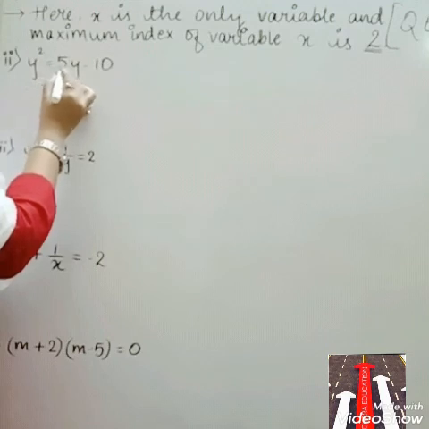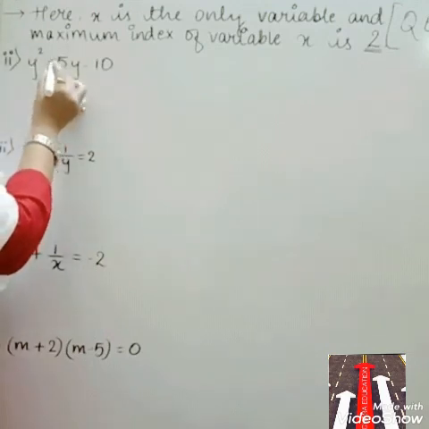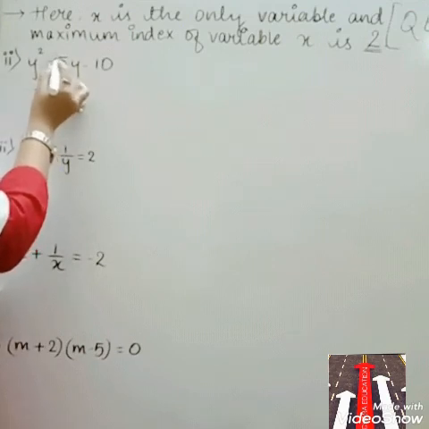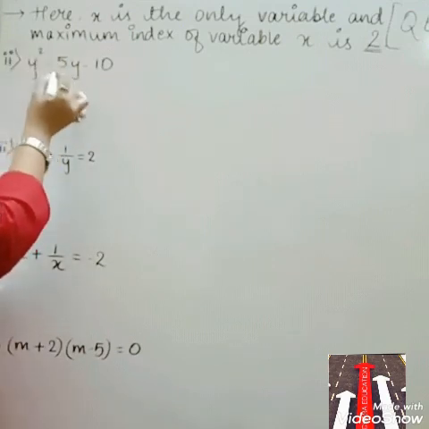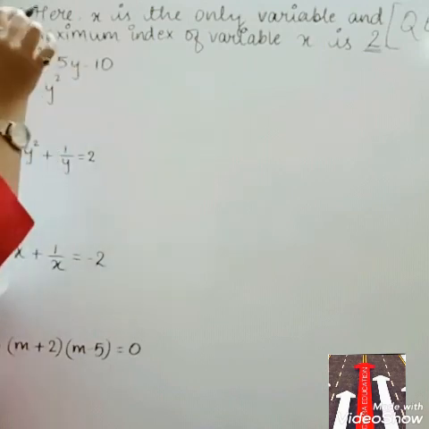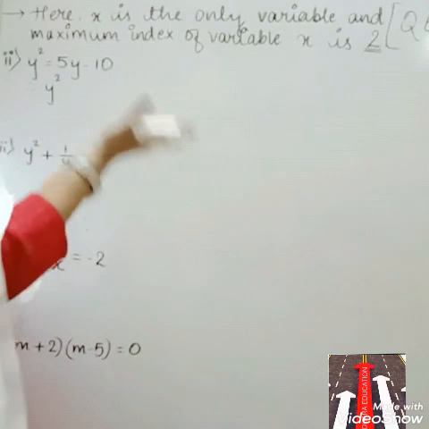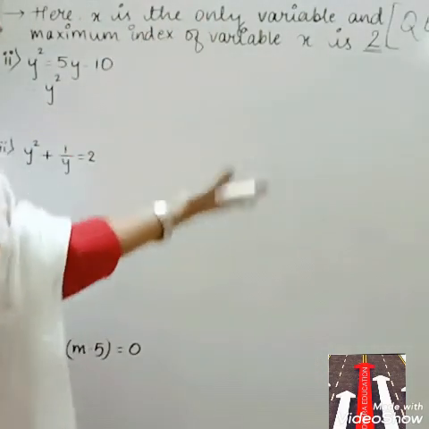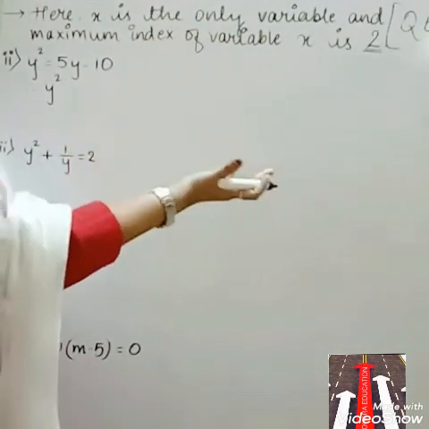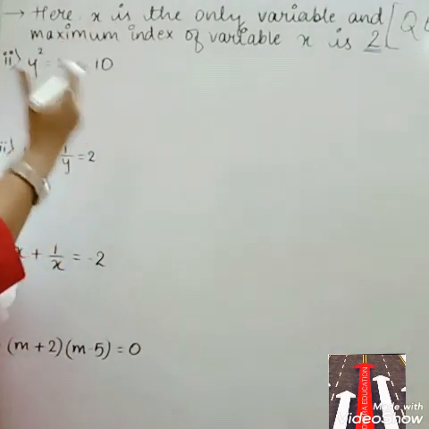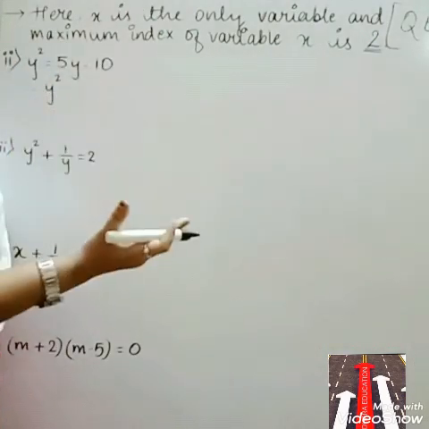As is equals to only 5y is given. So here none of the sign is there. So henceforth it is concluded that 5y is a positive number on the right hand side. So when I shift that 5y to the left hand side, it will definitely be negative.